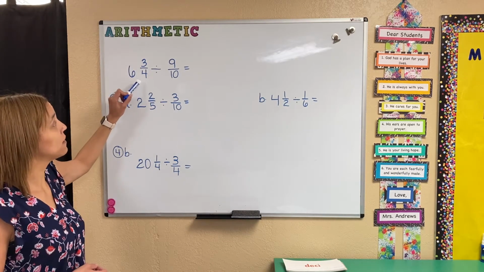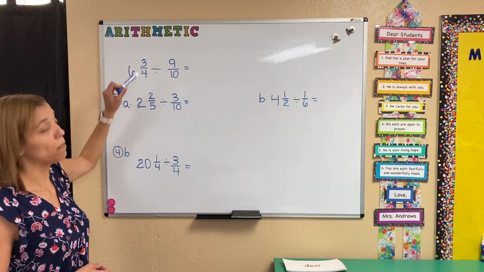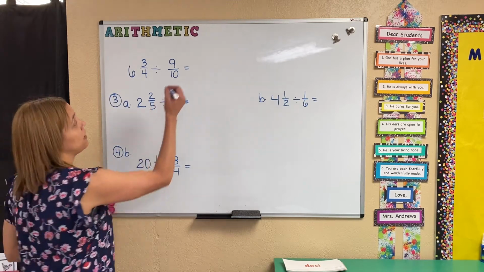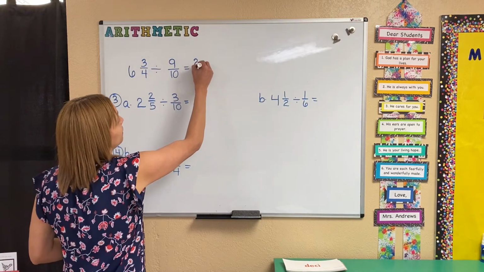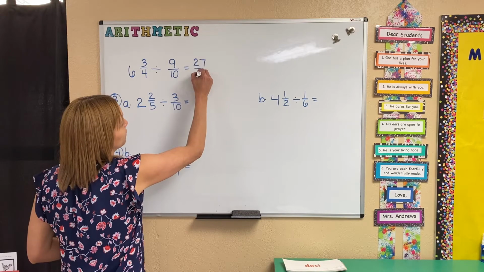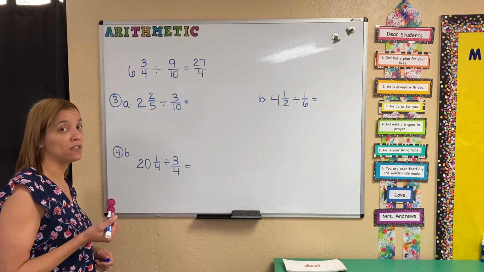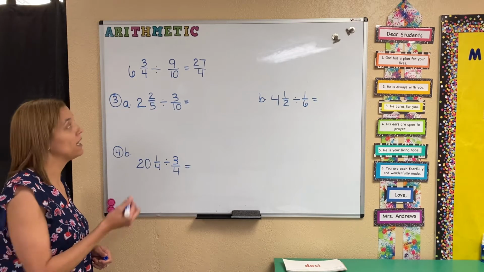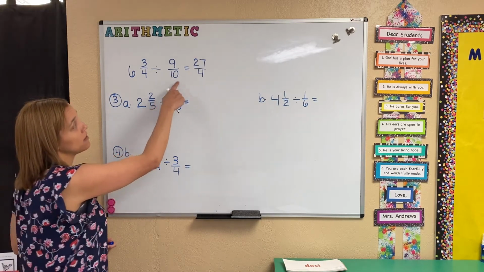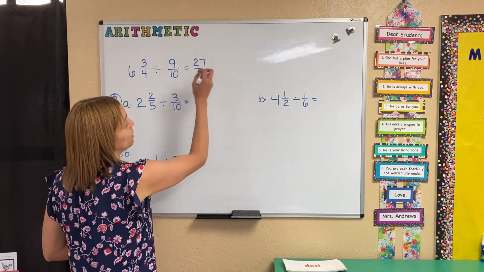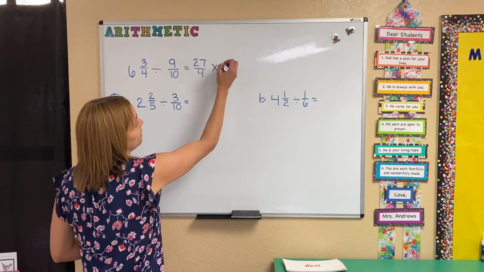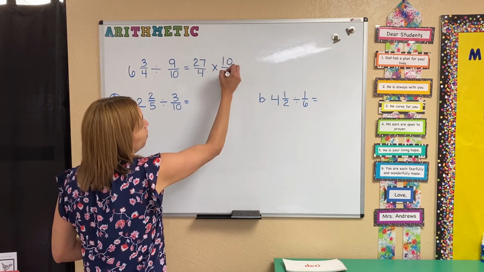So 6 times 4 plus 3 would be 27 over 4. And we said that we need to invert the divisor in order to multiply. So we have to invert 9 over 10, and that would be 10 over 9.